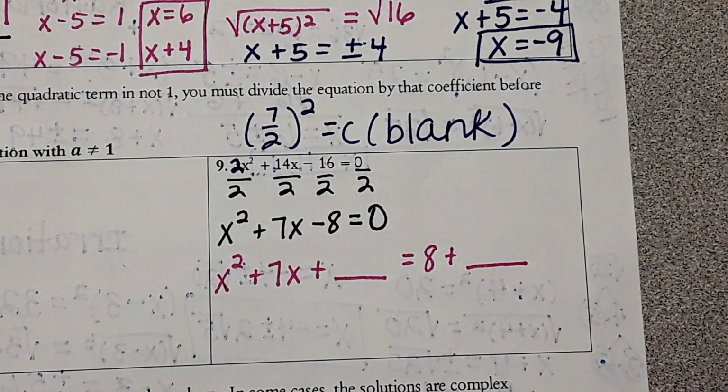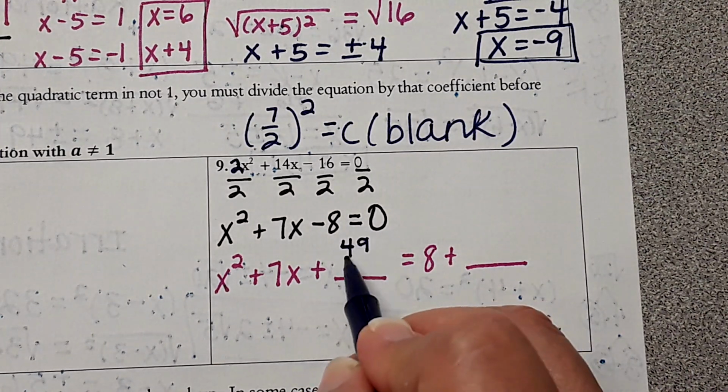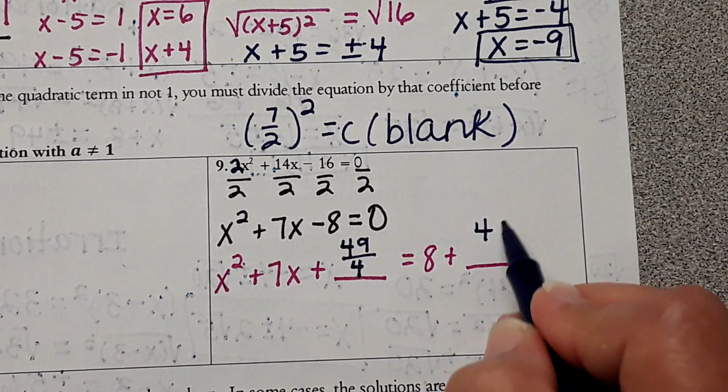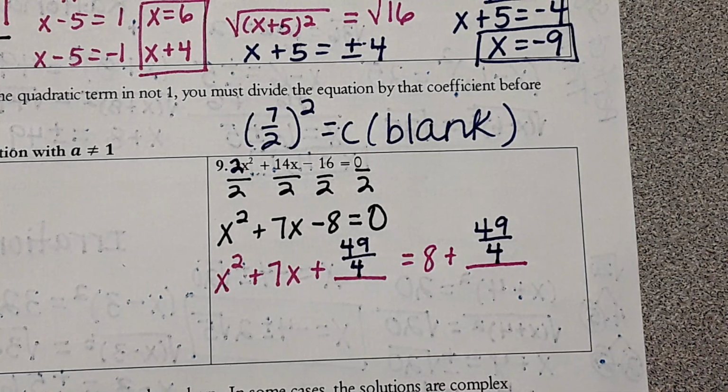No. Well, what is 7 over 2 squared? But you're never going to write it as a decimal. They only want fractions. Okay. It comes out okay.